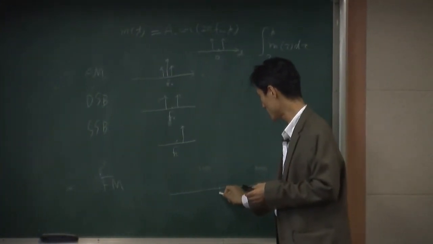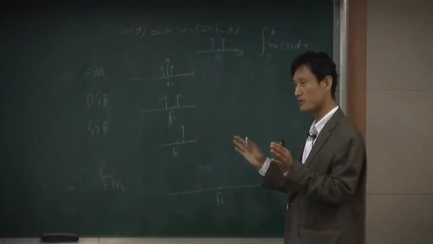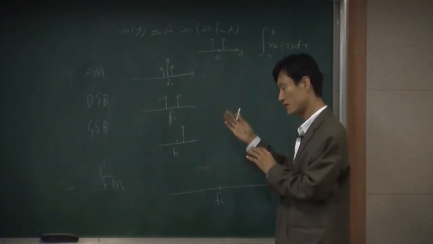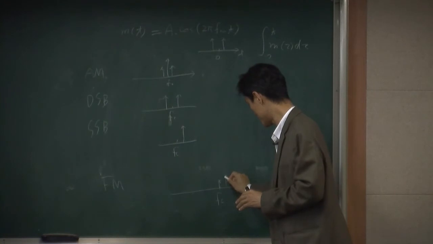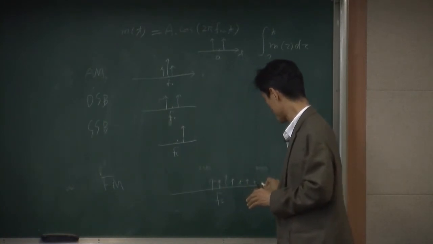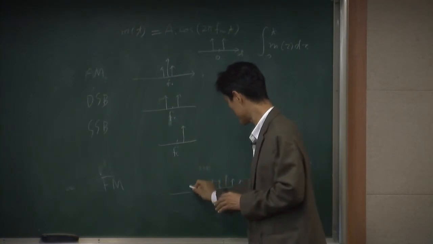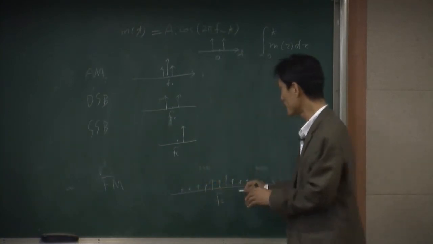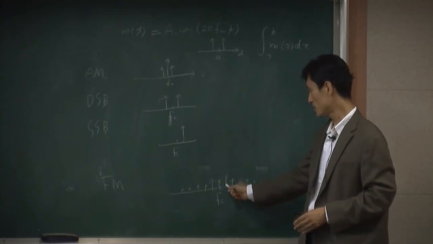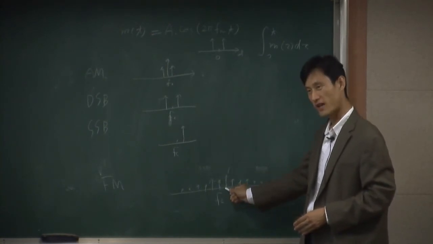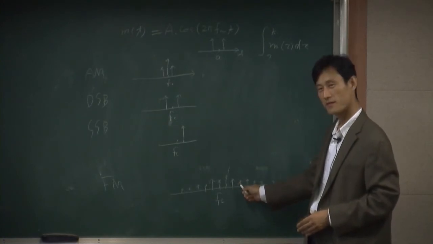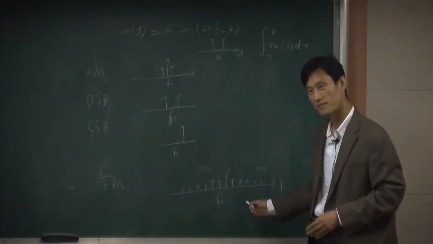But eventually, after you do the FM modulation, your output is going to be something like this. You have so many different frequency components. This is FC, this one FC plus FM, FC plus 2FM, FC plus 3FM. Okay? There are so many of them.